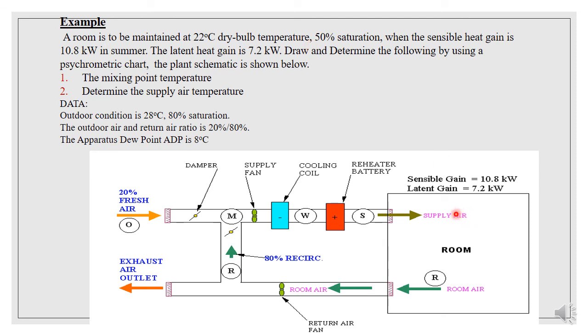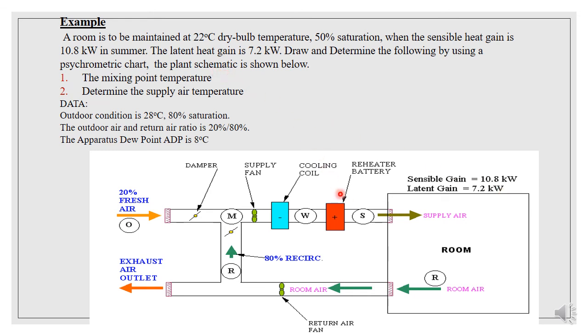So 22 degrees C dry bulb temperature at 50% relative humidity, when the sensible heat gain is 10.8 kilowatt in summer, and the latent heat gain is 7.2 kilowatt.